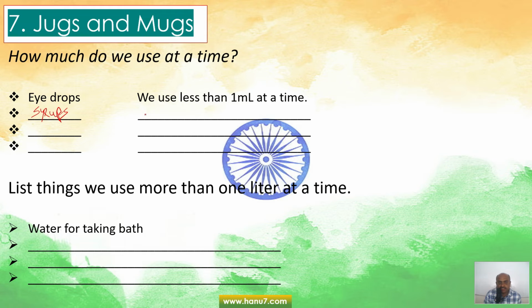For example, the fever syrup. For eye drops write less than 1 ml at a time. For syrups we use not more than 2.5 ml at a time.